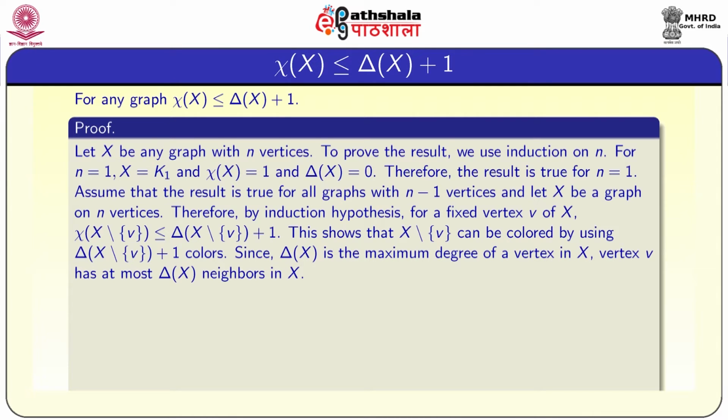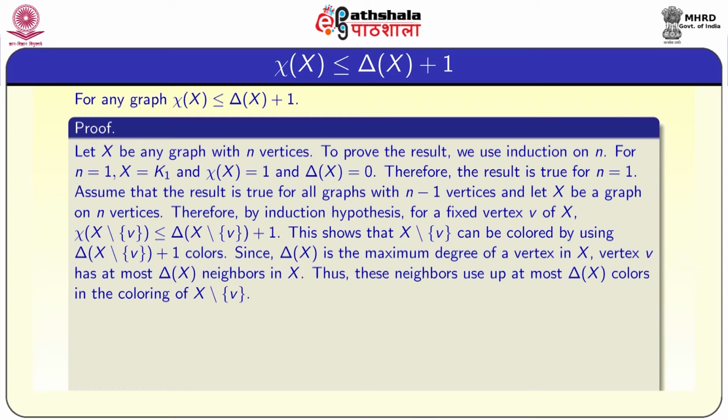Since delta of X is the maximum degree of a vertex in X, vertex v has at most delta of X neighbors in X. Thus, these neighbors use up at most delta of X colors in the coloring of X minus v.